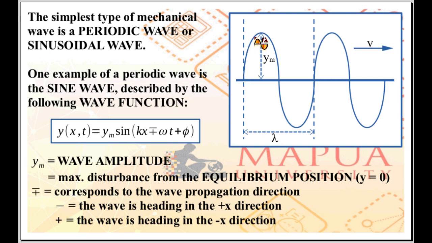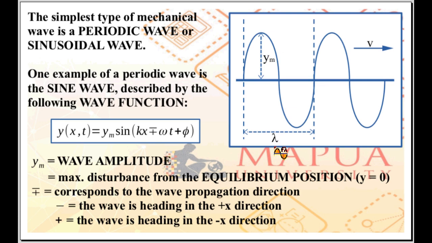One whole wave is one whole sine function shape. So this sine function is one wave. The length of this is the wavelength. The distance from this point to this point, one whole sine function, that's the wavelength.